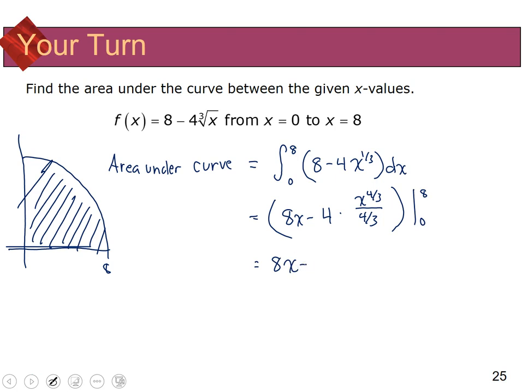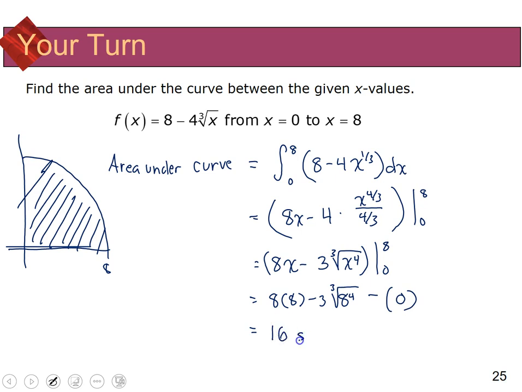Simplifying a little bit, I'm going to get 8x minus 3 times the cube root of x to the 4th power, and I'm going to be evaluating that from 0 to 8. When I plug the 8 in, I get 8 times 8 minus 3 times the cube root of 8 to the 4th. Minus, well, if I plug the zeros into both of those, I just get 0. It doesn't take that long to realize that. And so when I work that out, I get 16 square units.